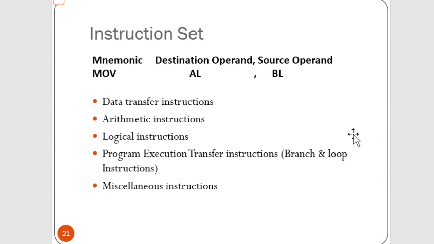Starting from data transfer instructions, we'll move on to arithmetic instructions, where we'll see addition, subtraction, multiplication. Logical covers bitwise OR and AND operations, and program flow control instructions include branch and looping instructions. Miscellaneous instructions we will also see, so that you can write a program for 8086.